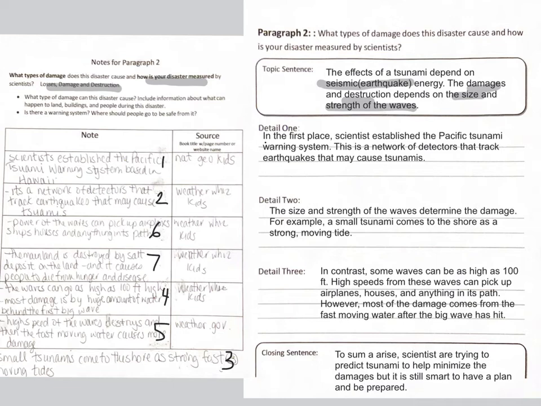Now, as I look over this, let me see, I have an error there, so let me fix that. There we go, and it's fixed. Okay, so as you can see, this first part talks about the paragraph that I was in, the predicting and the damages. The second part here talks about coming up with a plan and being prepared.